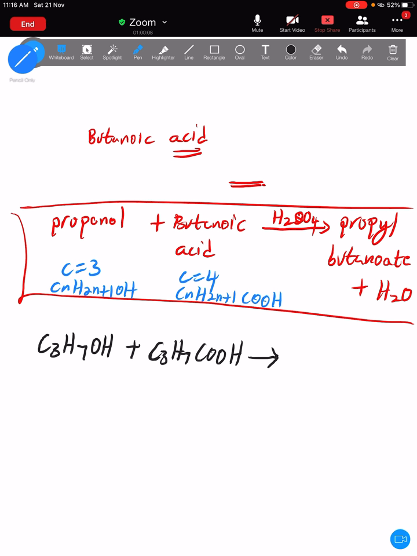Okay, good. Then you have propyl butanoate. You must remember, when we draw the structure, the carboxylic acid portion comes first.